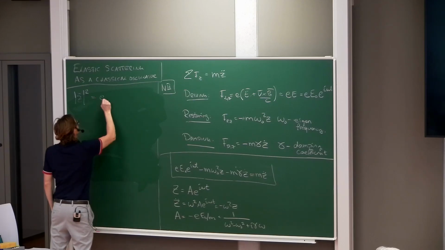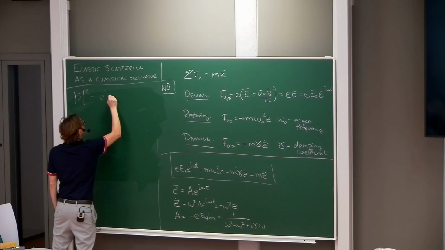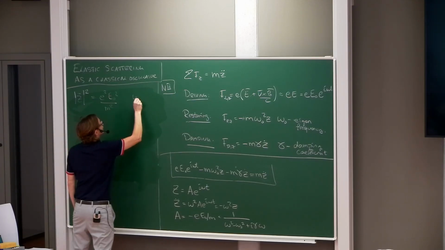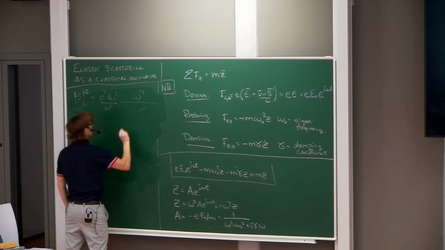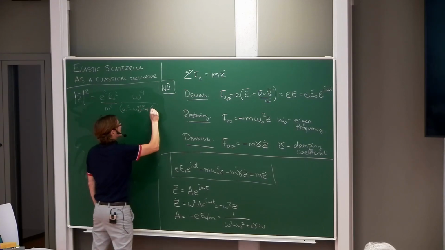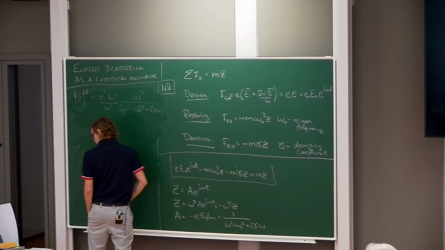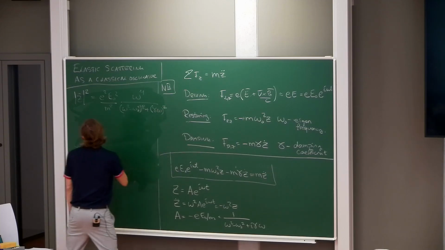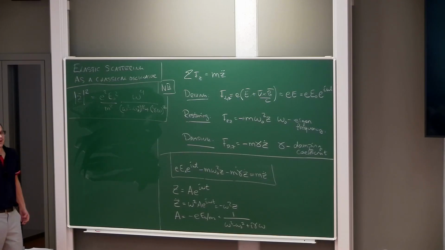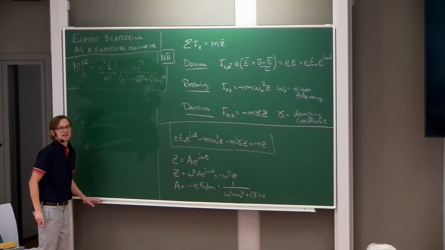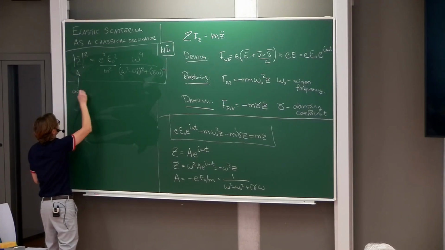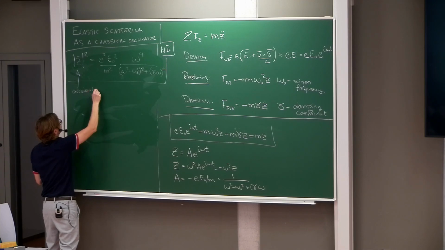And then that is just e² E0² divided by m² ω⁴ over (ω² minus ω0²) squared plus our damping coefficient, γ²ω². Okay, so what do we see here? Well, this is nice because here is our acceleration for the system.